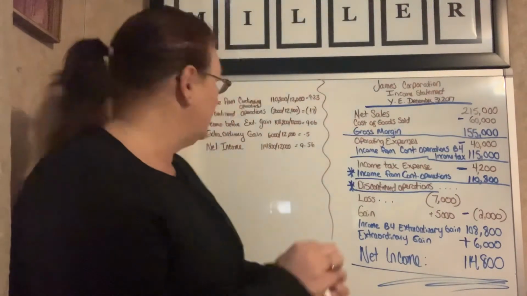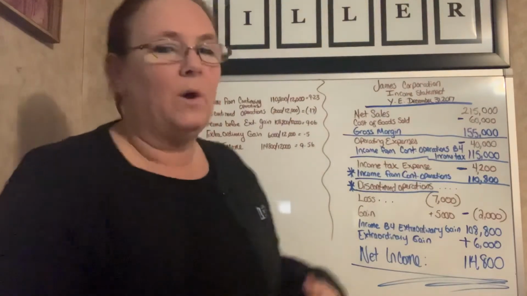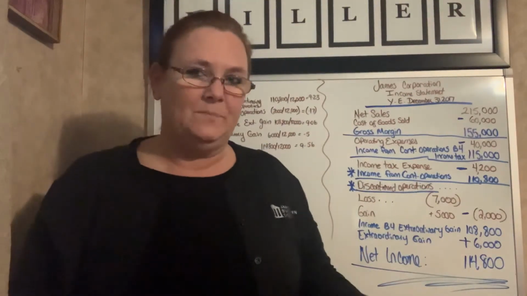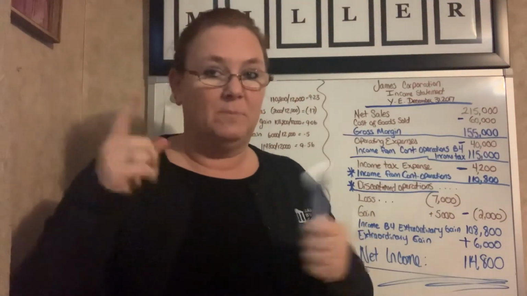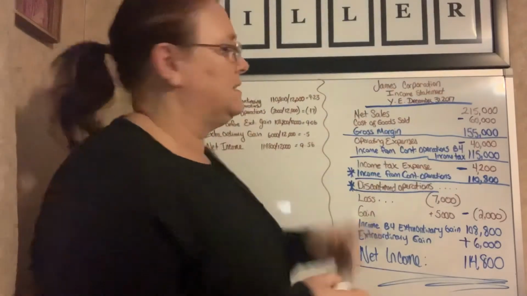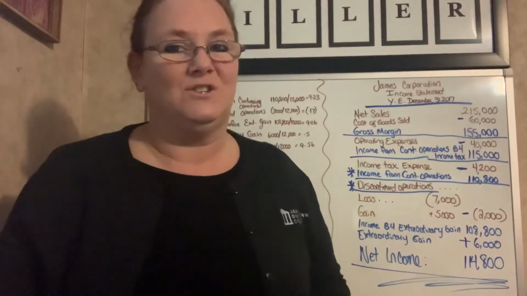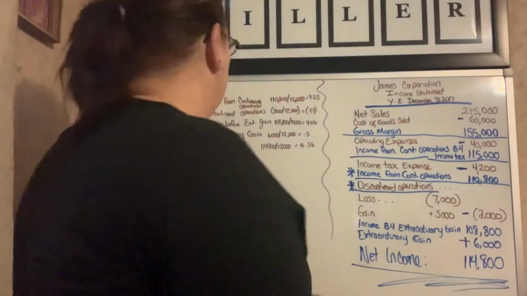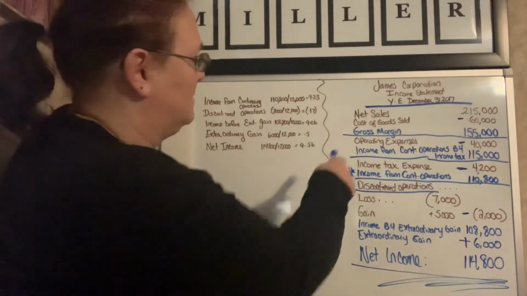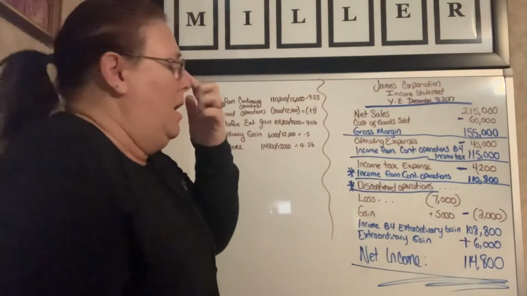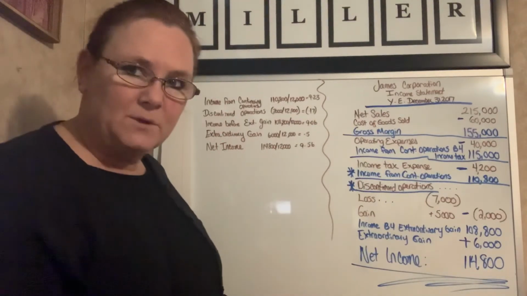For the second portion of it, it asks you for your earnings per share data. If you look at the top of the blank that I sent you, it says that we had 12,000 shares issued and outstanding. So for 12,000 shares, all you do is take these big headers and pretty much divide the numbers per share.